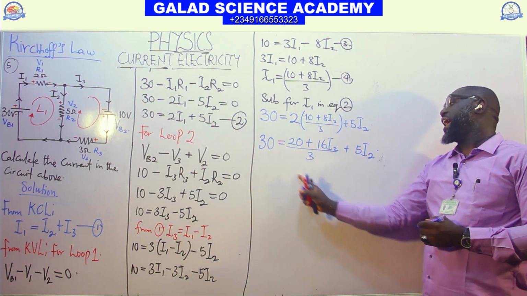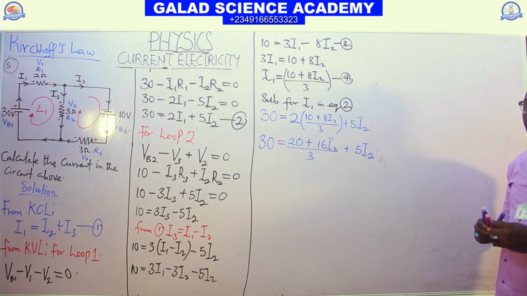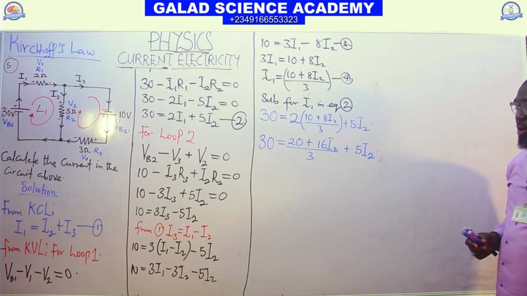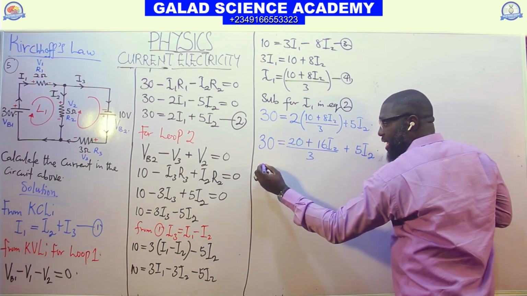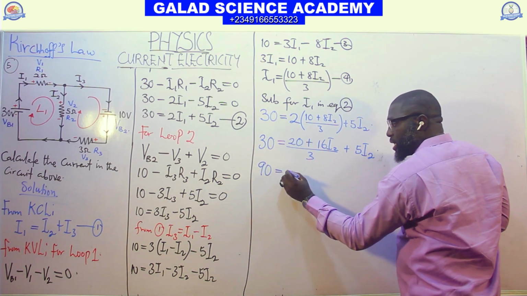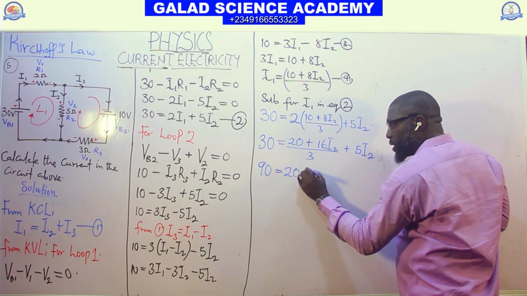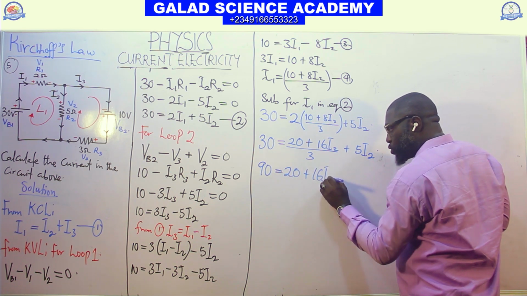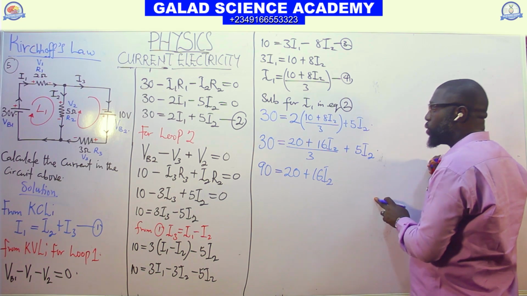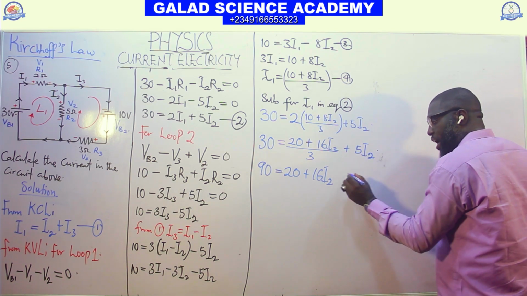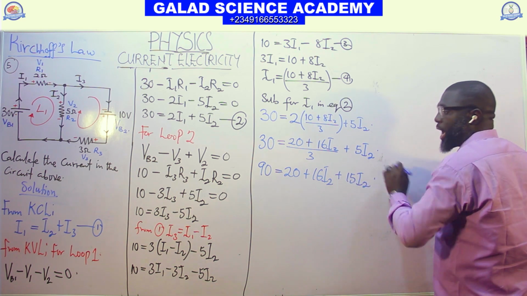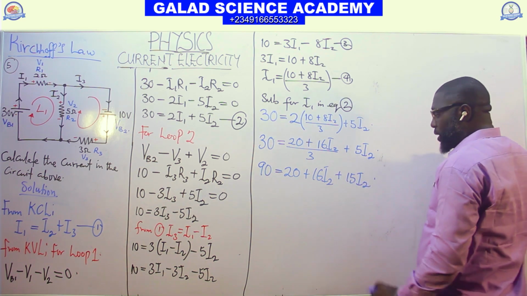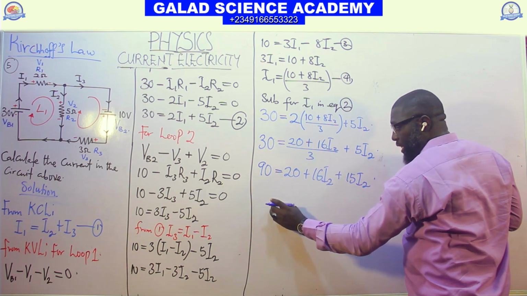Let's multiply everything by 3. Take a calculator for me, please. 3 times 3 here, we have 90, which will be equal to 20 plus 16I2, plus 3 times 5, which is 15I2. Collect the letters.